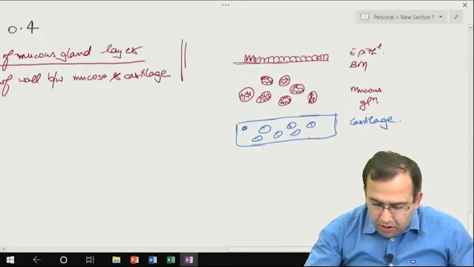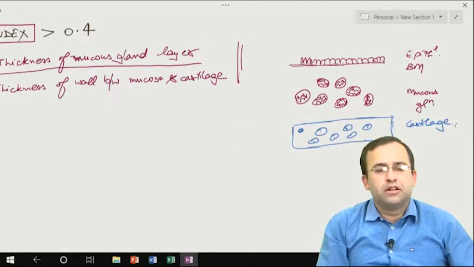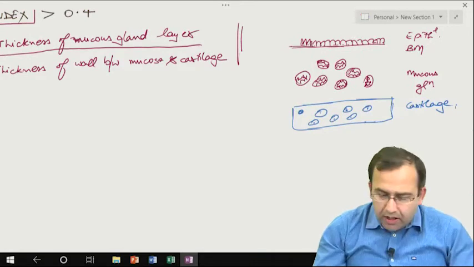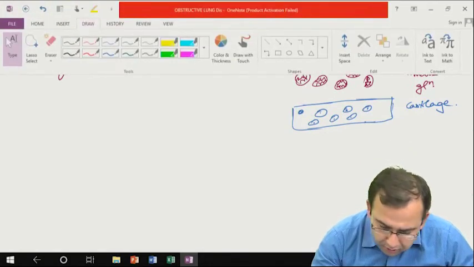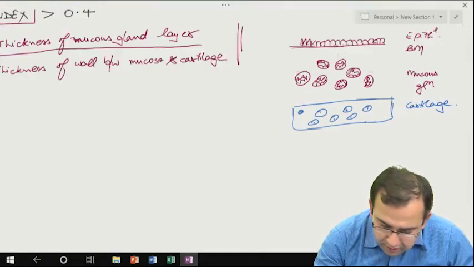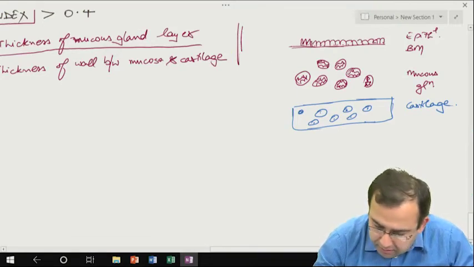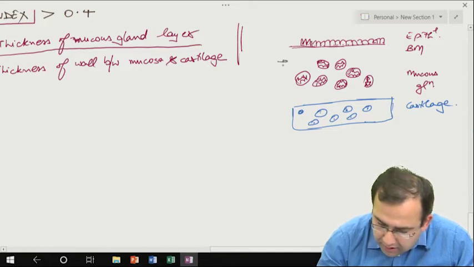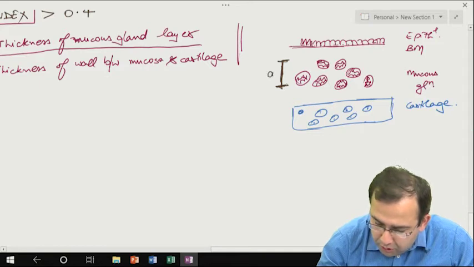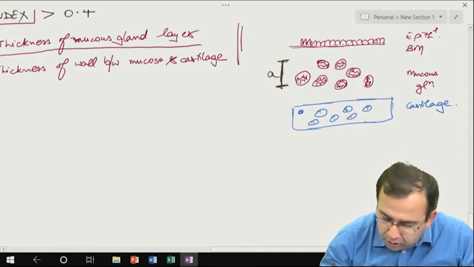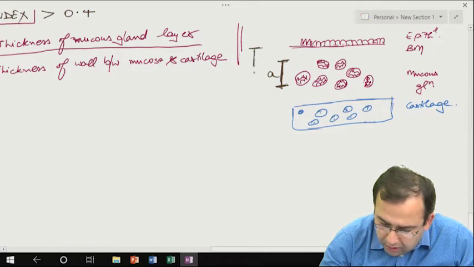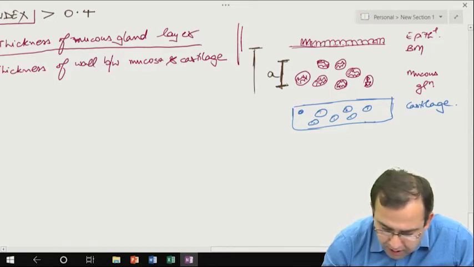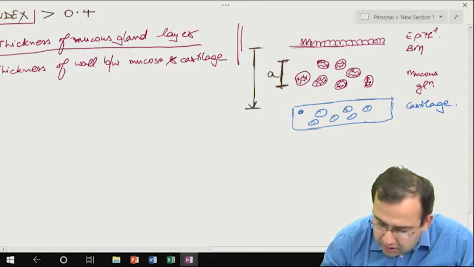So Reed's index is the ratio of mucus gland layer, that is this one, to the thickness of wall between mucosa and cartilage, that is this.